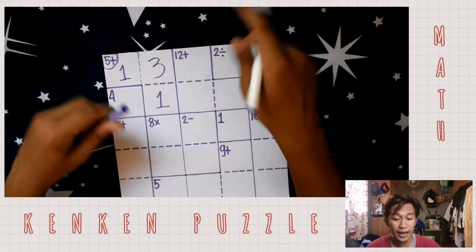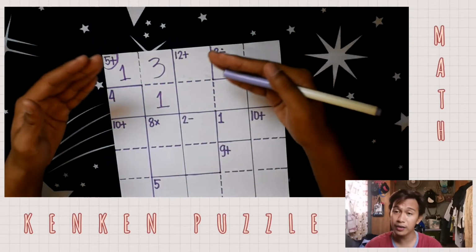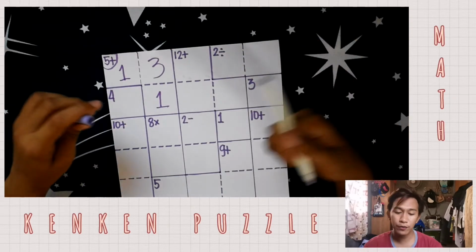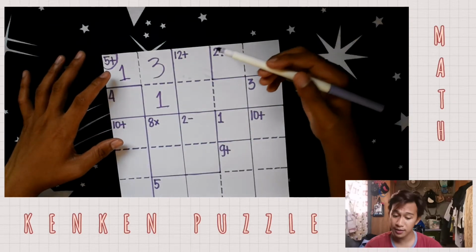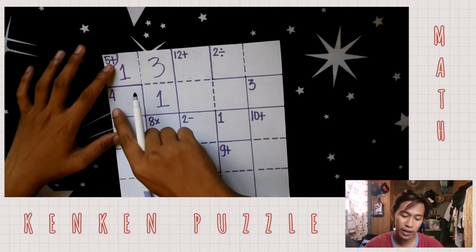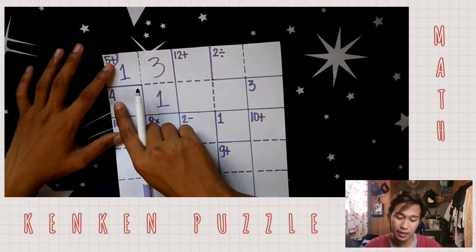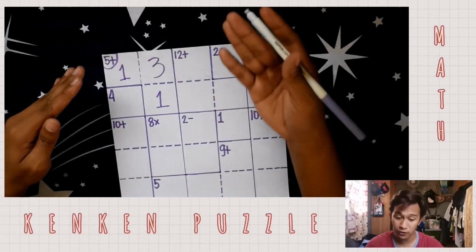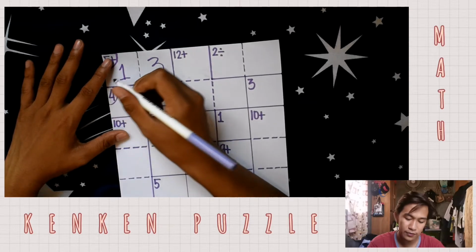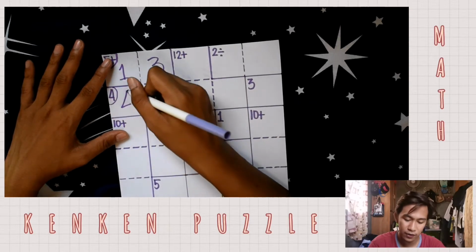This might be the correct answer, but let's observe if there are no numbers repeated in any columns or rows. Now if you observe that there are some boxes covered with solid lines, this means that whatever number is inserted in this box is the answer already. So you're just going to copy the answer here. If the given number here is 4, the answer here is 4.